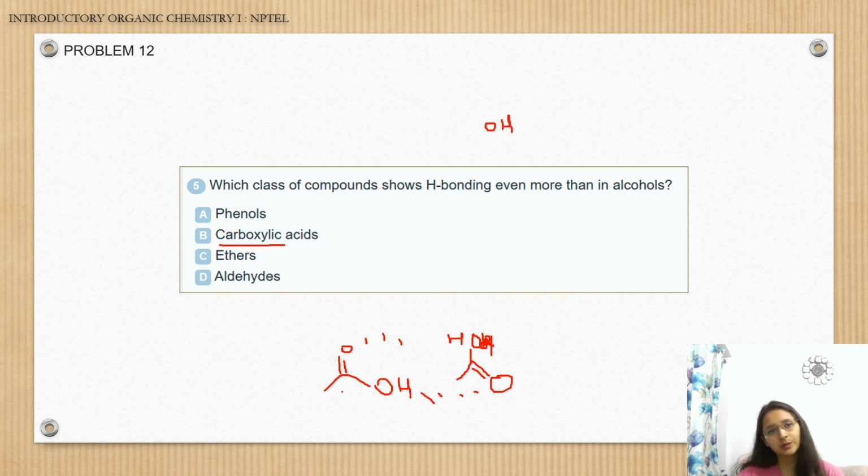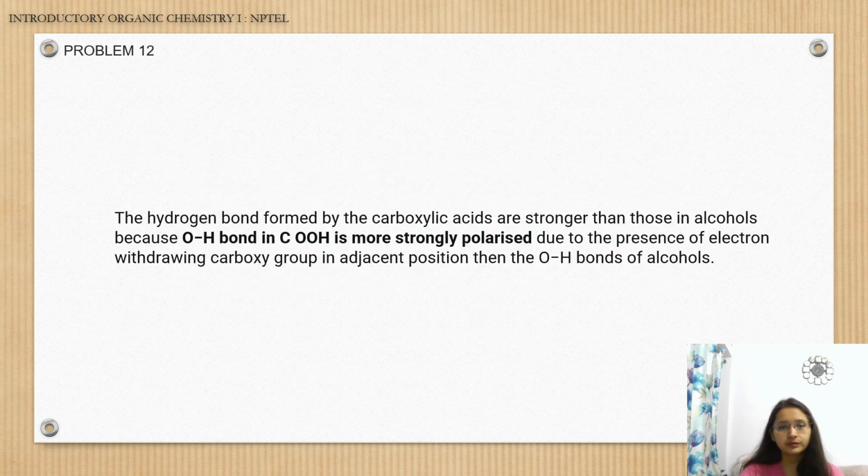So you can say this class of compounds shows hydrogen bonding even more than alcohols. Alcohols show lesser hydrogen bonding than carboxylic acid. So the correct answer will be B, because carboxylic acids show hydrogen bonding even more than alcohols. Because the OH bond in COOH is more strongly polarized due to the presence of the electron withdrawing carboxylic group.